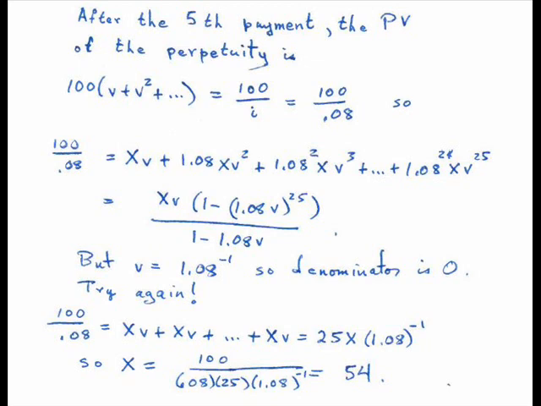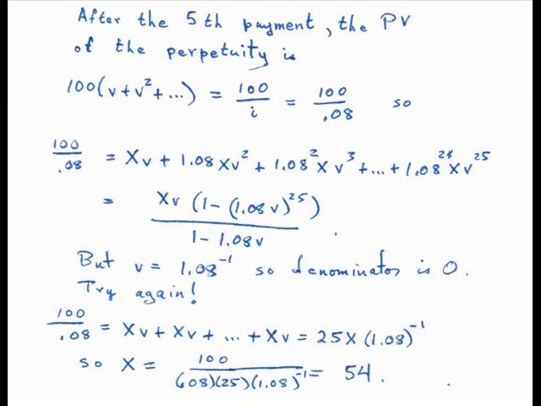And we're going to exchange that for an annuity, so we have to set that equal to the value of the annuity. The annuity starts with payments of X, and those payments increase. The next one's 1.08X. The next one's 1.08 squared X. And there are 25 payments.